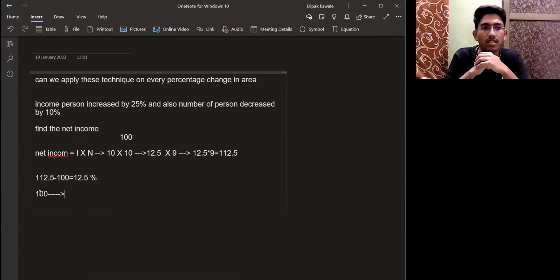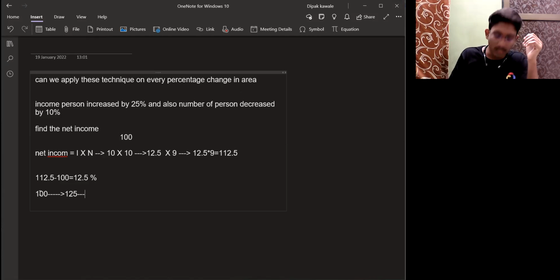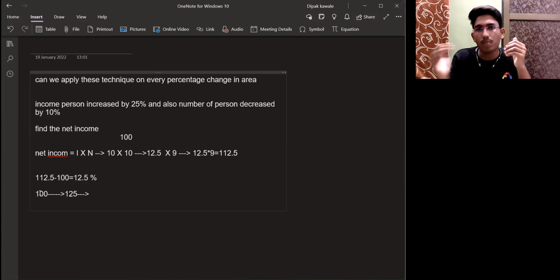As 25% is increasing, it will be 125, and then it is saying 10% decrease. Student, tell me, what is 10% of 125? It is nothing but 12.5. That means we have to subtract 12.5 from 125. 125 से अपने को subtract करना है 12.5, which is nothing but 112.5.